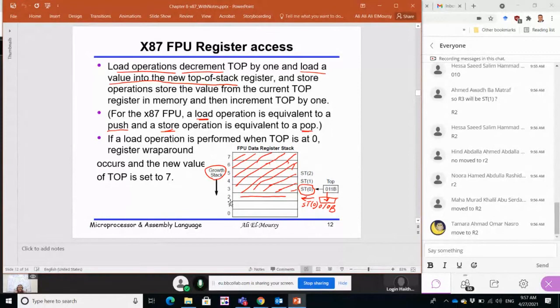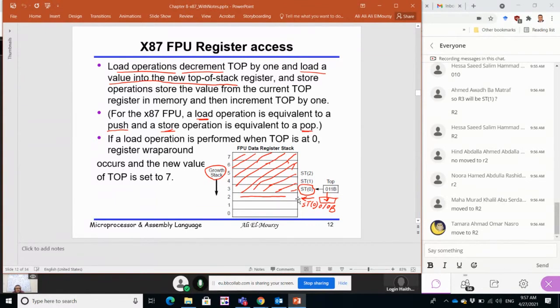I have static naming of registers, which are R0 to R7, and I have dynamic naming of registers, which are ST0, ST1, ST2, ST3, and so on. If I do a load instruction, I am pushing into my stack of registers some value from the memory. I'm loading from memory into the register. This automatically pushes, decrements the top, and ST0 is pointing to a new location.